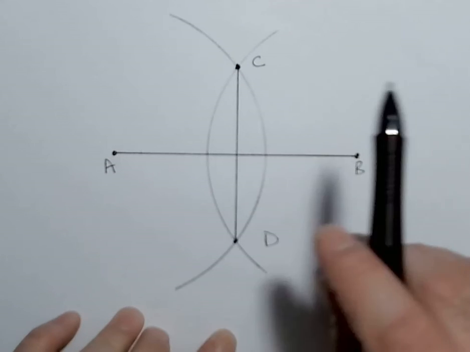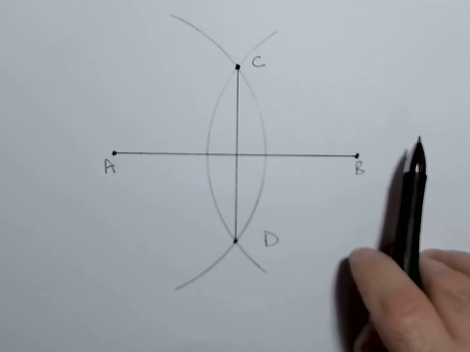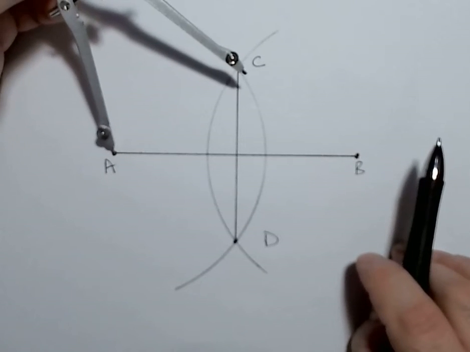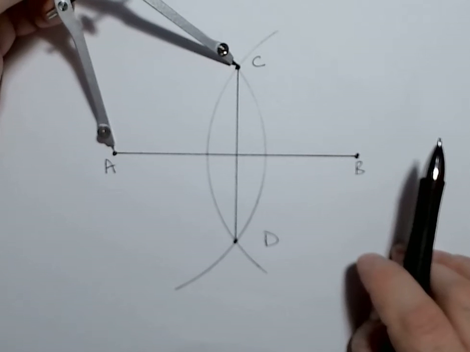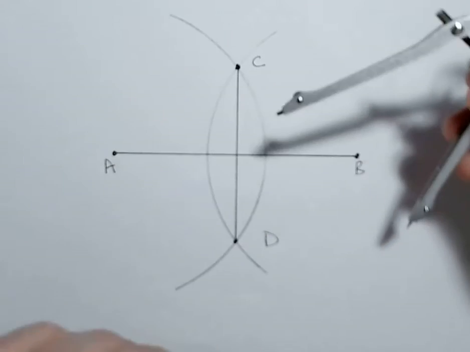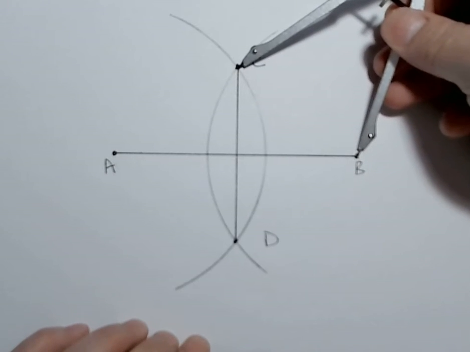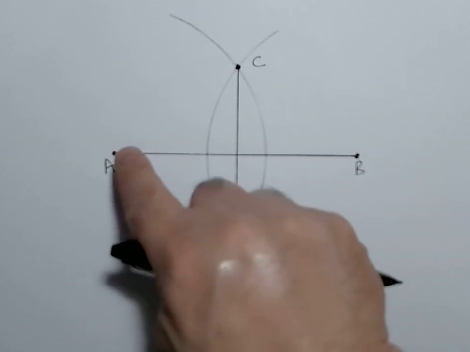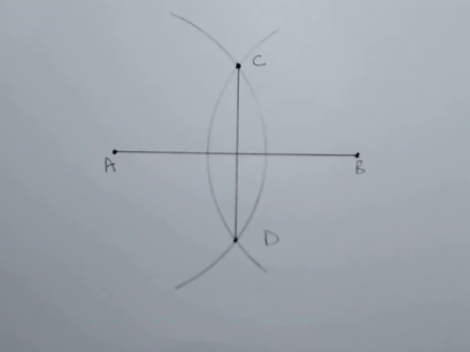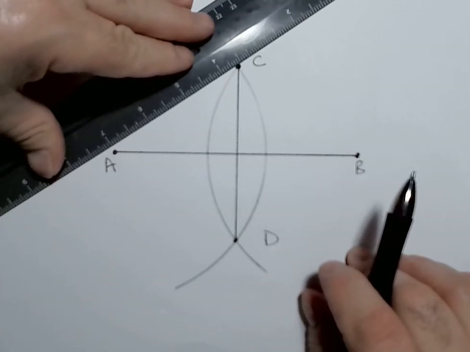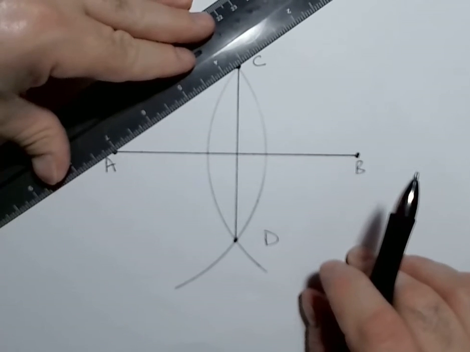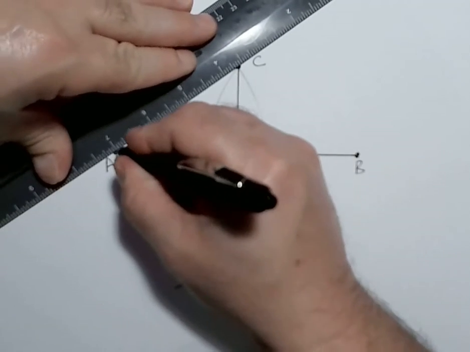Well, we know that they're the same distance, and the reason we know that is because we used our compass on the same setting to make these intersection points. So we know that the distance from A to C is the same as the distance from B to C. So let's draw our line segments connecting these points together.